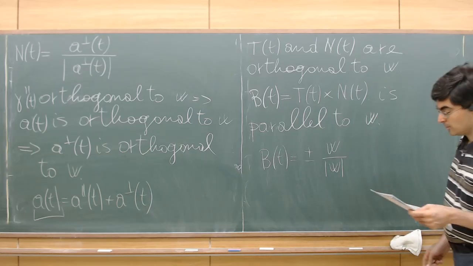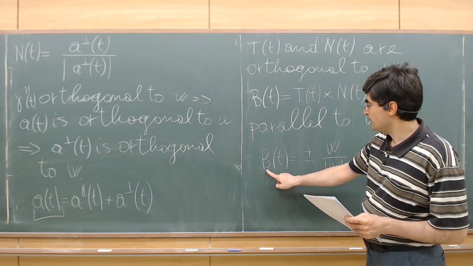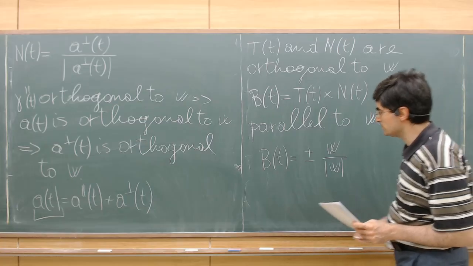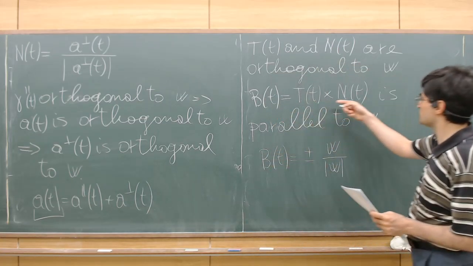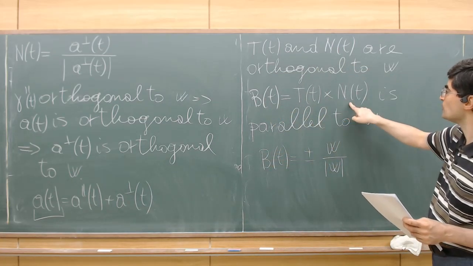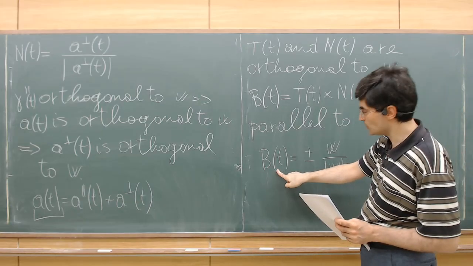Okay, so B(t), by definition, is the cross product of two smooth functions, so this must be a smooth function.